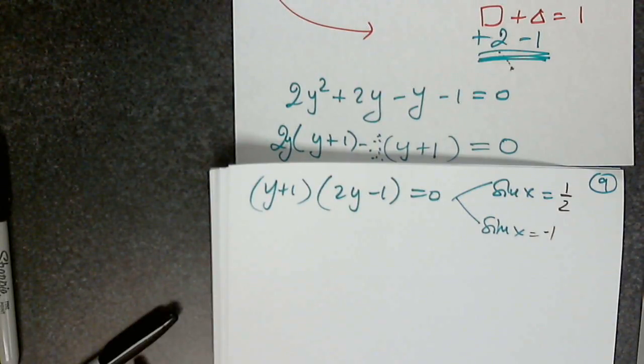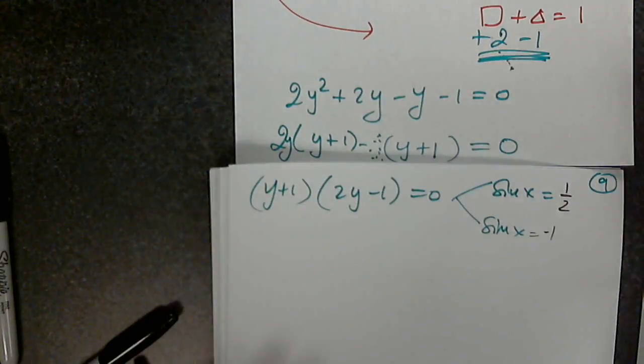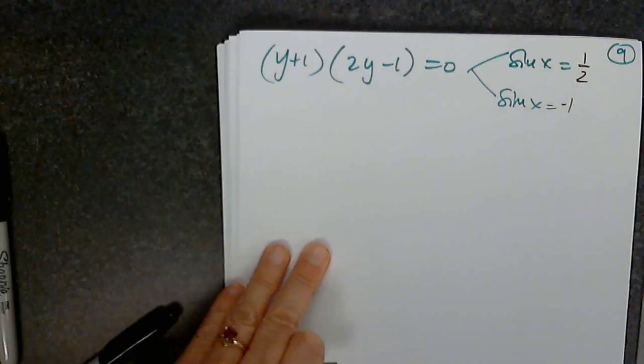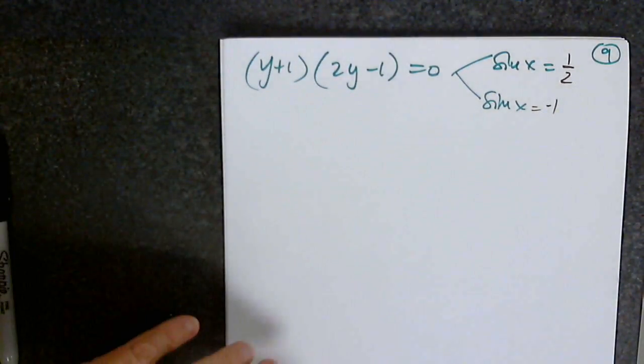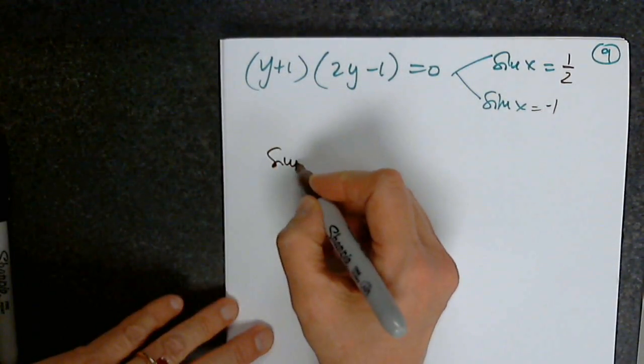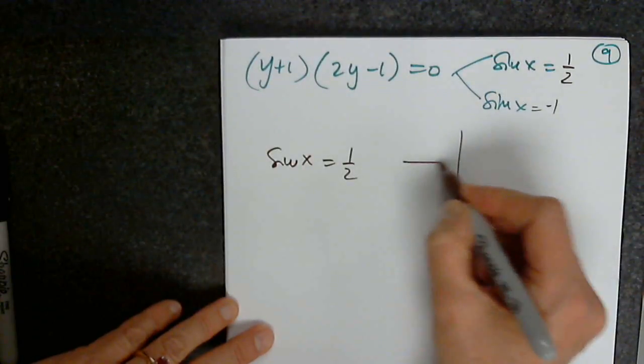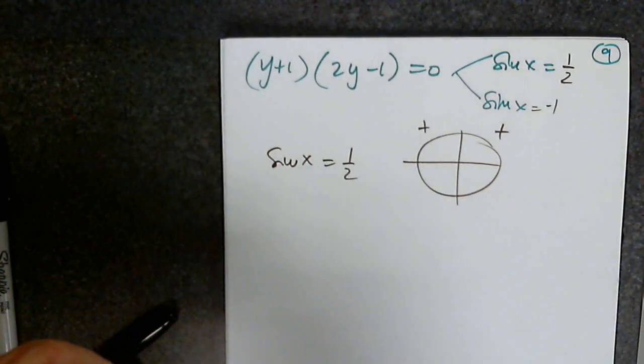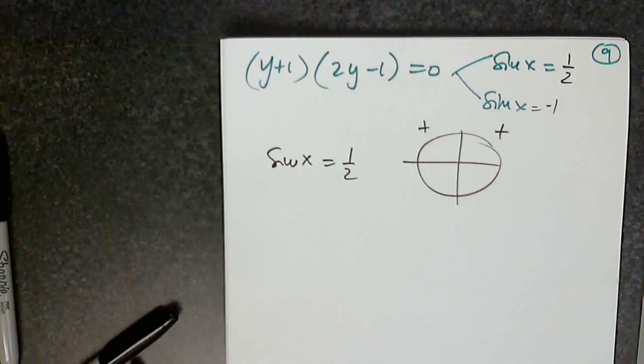In which quadrants will I find sine to be positive? Very good. So then I have sine x equals 1/2, plus and plus. And now I'm asking myself, what would be the reference angle? Sine of blah equals 1/2. Exactly, it's the first angle. Very good.